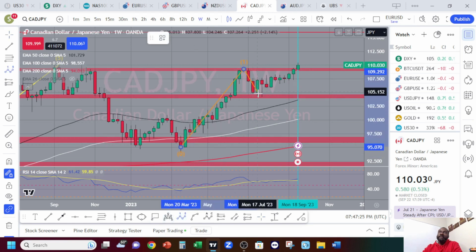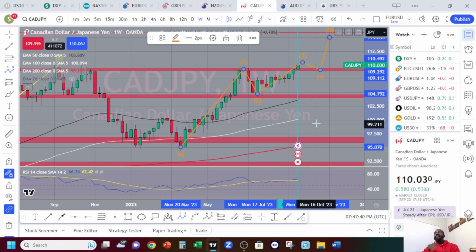It does a 1, 2, and a 3. At least we can see price closed above that weekly resistance right here. Now it's going to become a support for price to continue to go up.